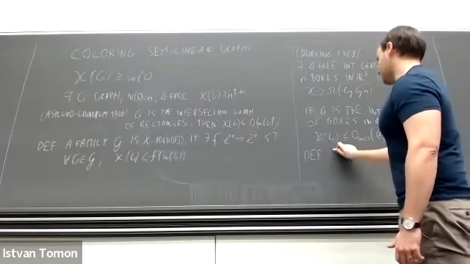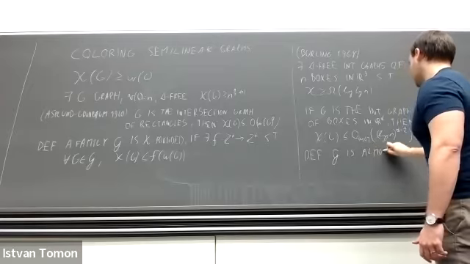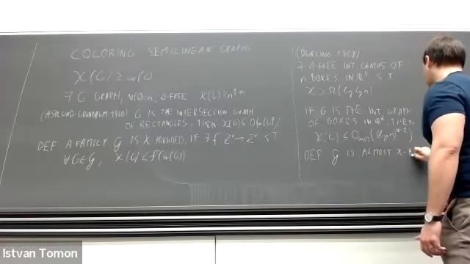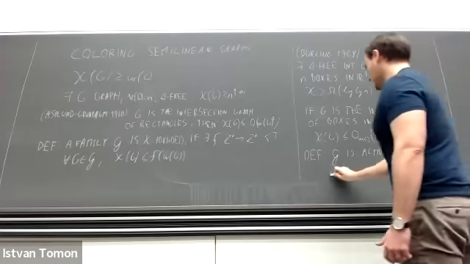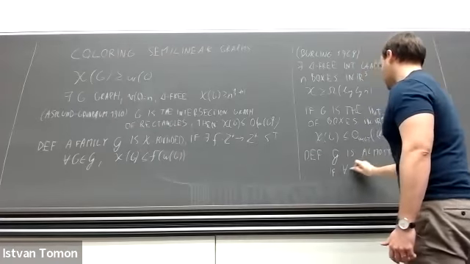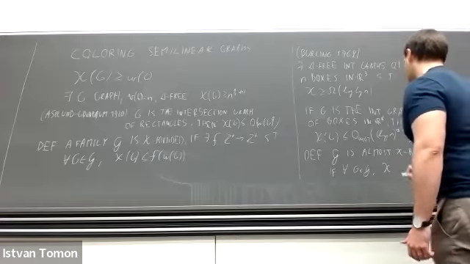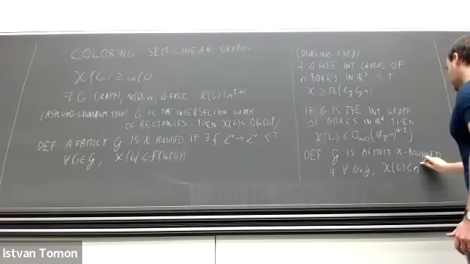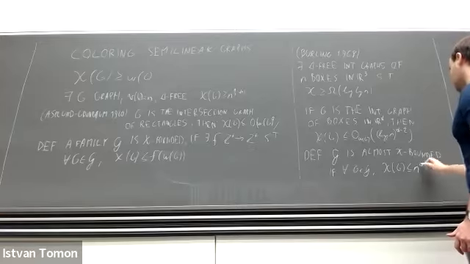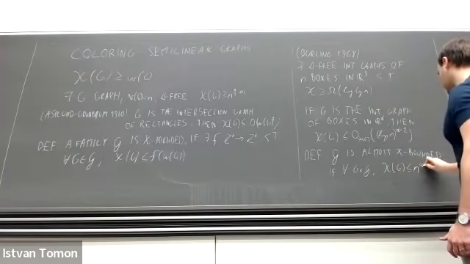So again, say that the family G is almost chi-bounded if for every member of the family, the chromatic number is at most little o of the clique number, where this little o depends on the clique number.